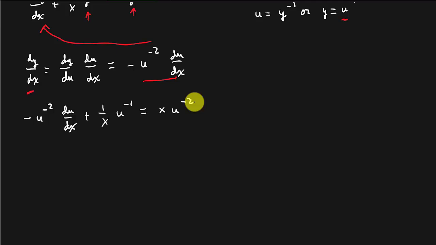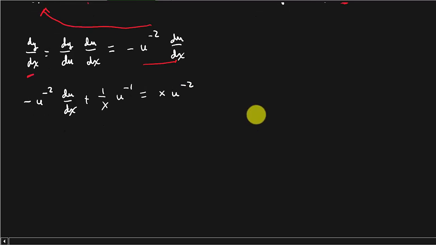All right, so what we can do here is solve this using an integrating factor. So what do I need to do? I'm going to divide everything by negative u to the negative 2.